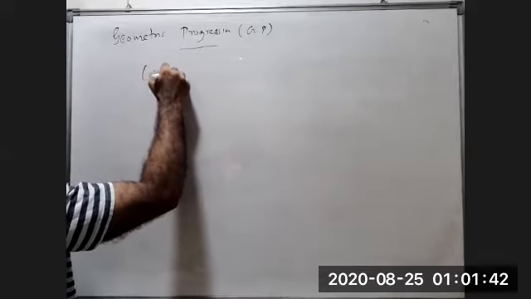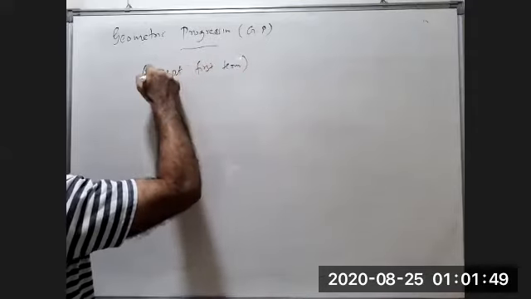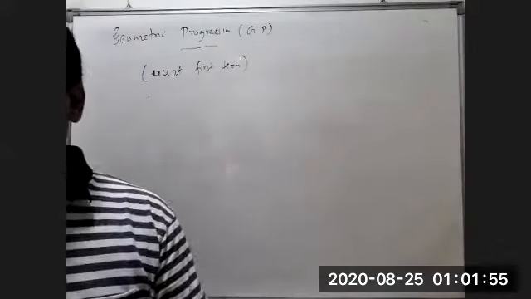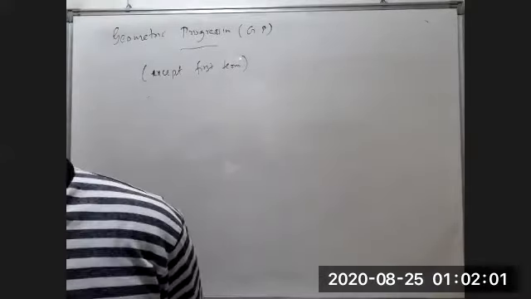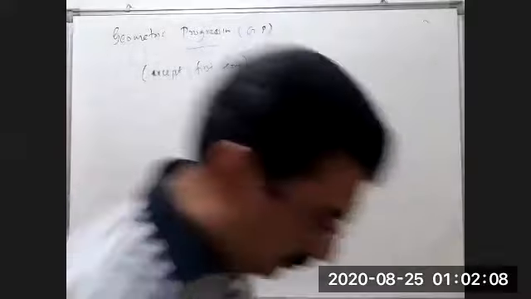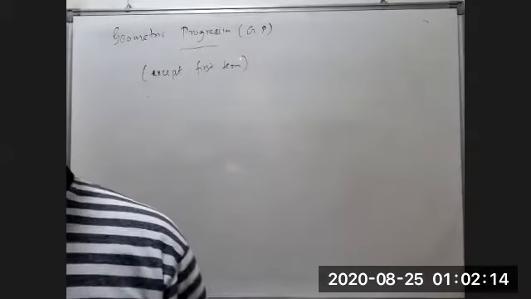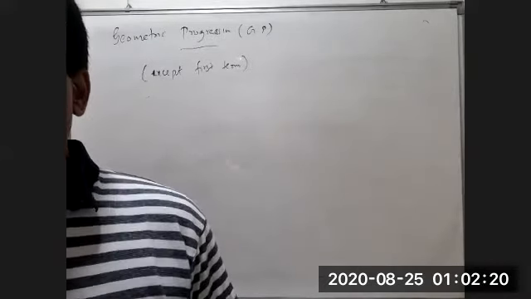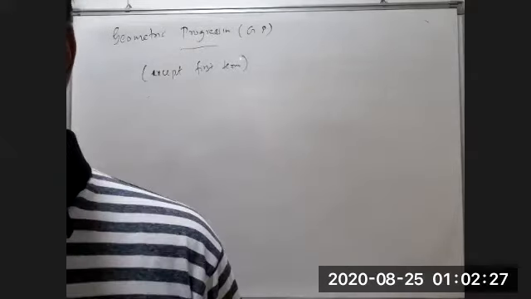GP is a sequence in which all the terms, in bracket, except the first term, is obtained by multiplying a fixed number to the previous term.